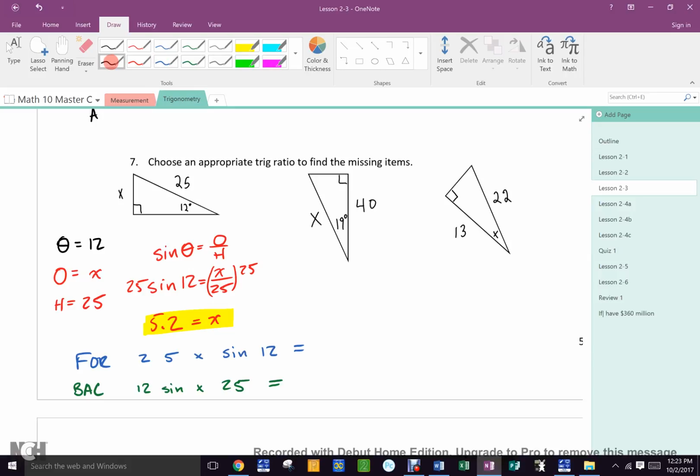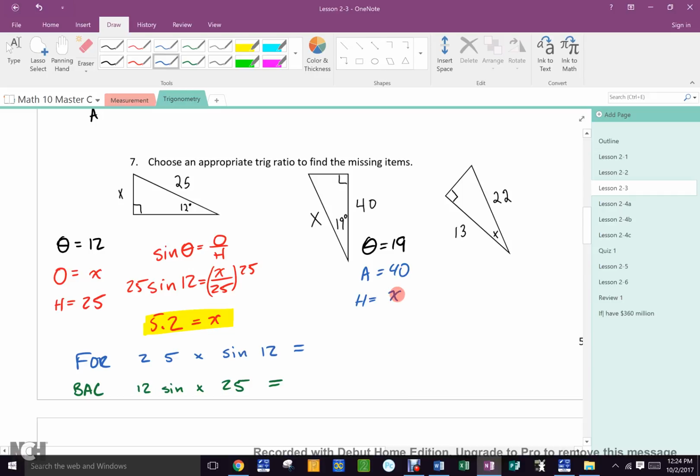Now, next one. Do I have a theta? What is it? 19. Yes, Jack? Of course, Jack. With what other parts of the triangle can I work? I need the adjacent, which is 40, and the hypotenuse, which is x.